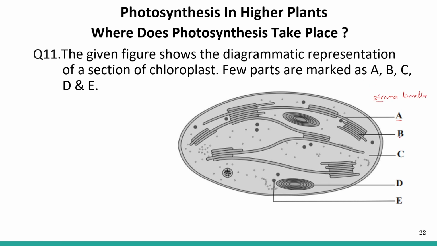And then B. B is a thylakoid, which is again involved in the light reaction, and this entire stack is the grana. Then C. C is the stroma, or you can say fluid of the chloroplast. What is D? D is the starch granule.